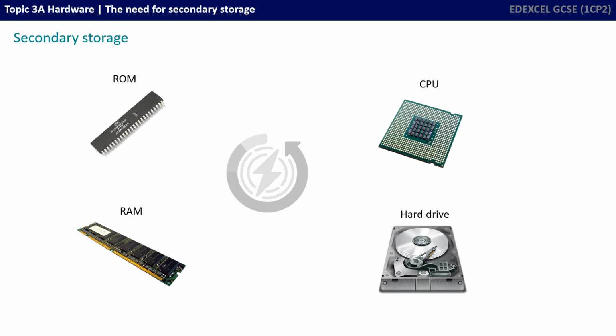Here we see four important internal components of a computer system: ROM, the CPU, RAM and a hard drive of some description. The symbol in the centre represents if the power is currently turned on or off.